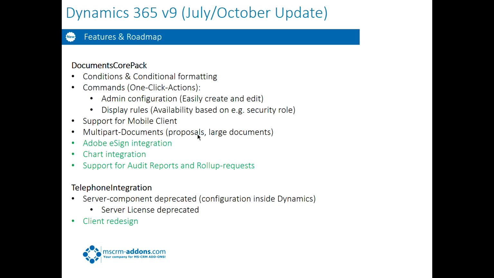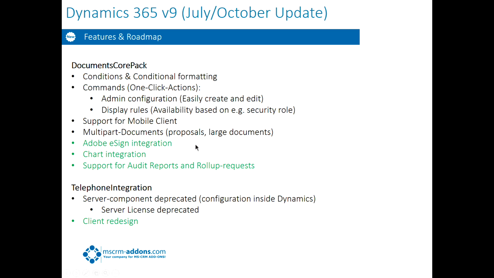So we're going to make that a lot easier to use. You'll be able to, based on a few conditions in your workflows and things like that, build these proposals or large documents and put them all together into one document.